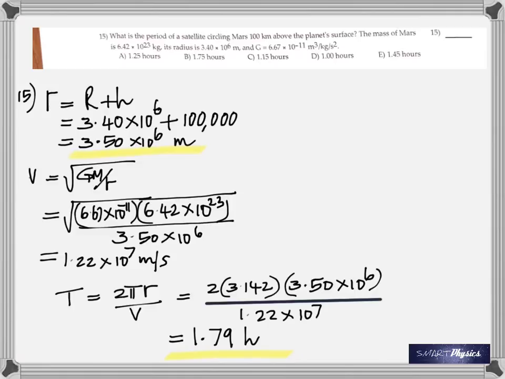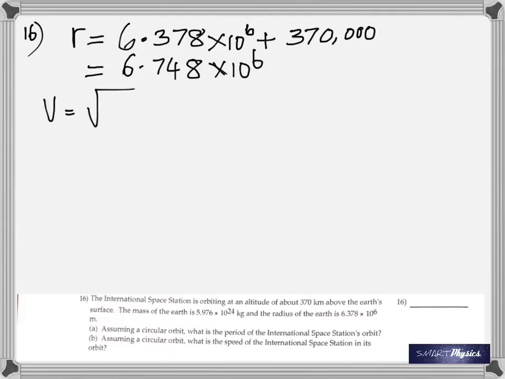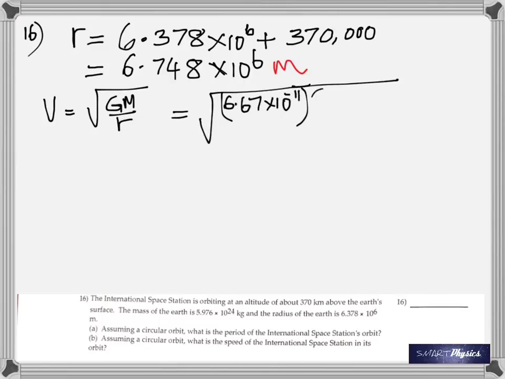All right, brings us to 16. I'll go straight into it because it's the same kind of question. You're asked to find the period again, find the radius, add the height to the radius of the Earth. Mass of the Earth, of course.